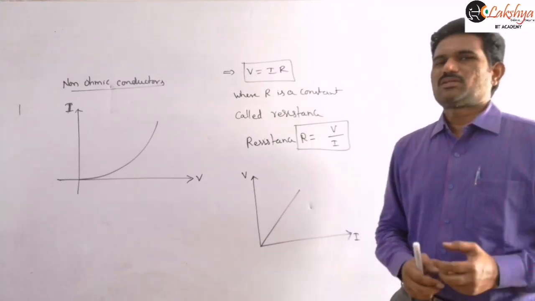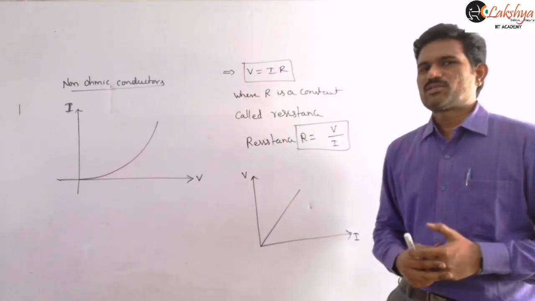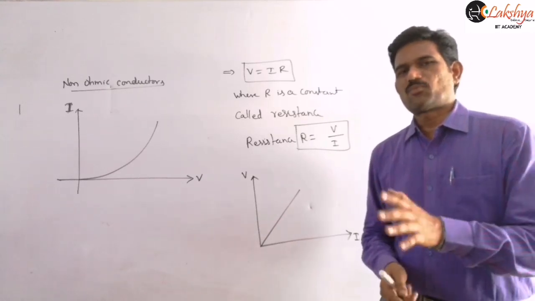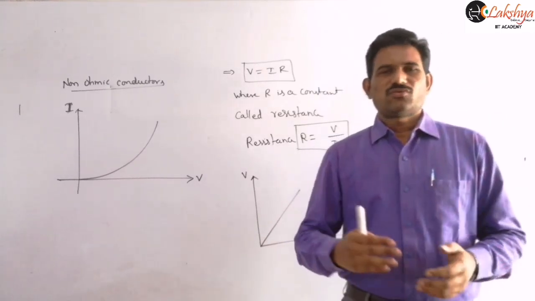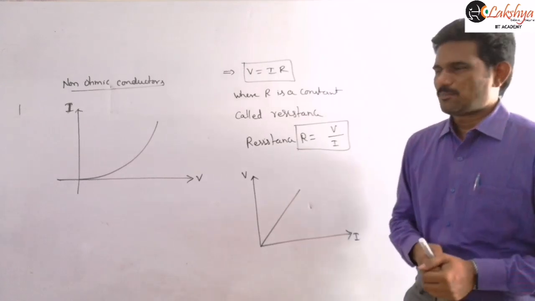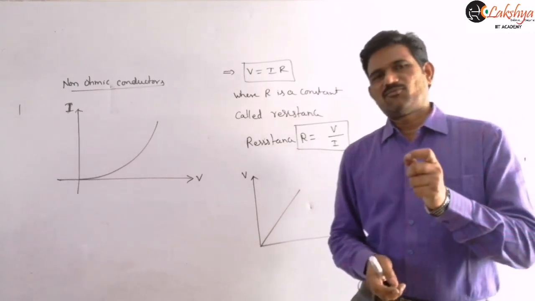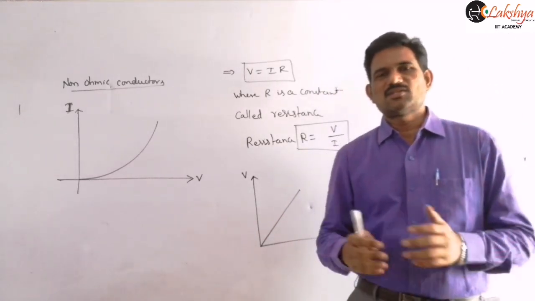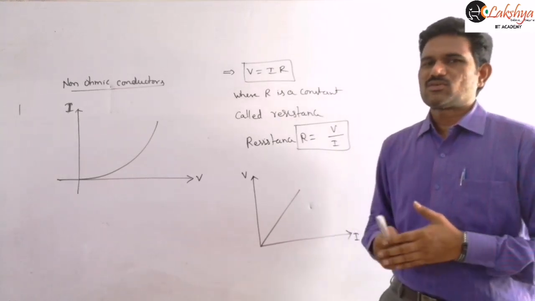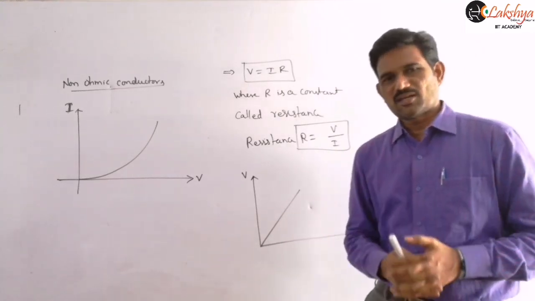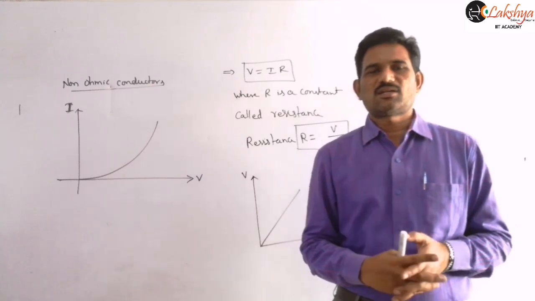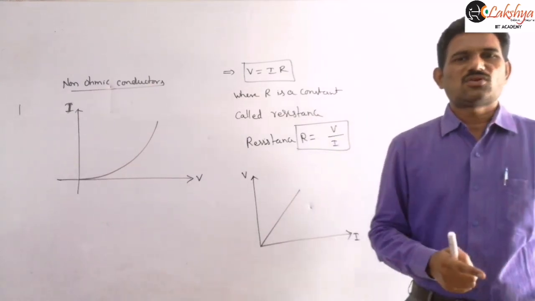You should remember that not obeying Ohm's law means V is not proportional to I. Even for such conductors, for small intervals we can apply the formula V is equal to IR. V is equal to IR is a formula, a mathematical relation between potential difference and current, and V directly proportional to I is Ohm's law.